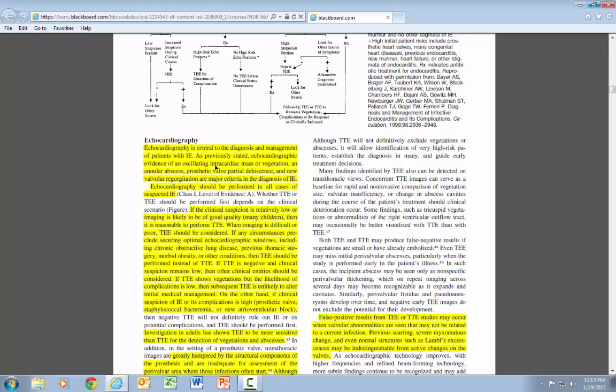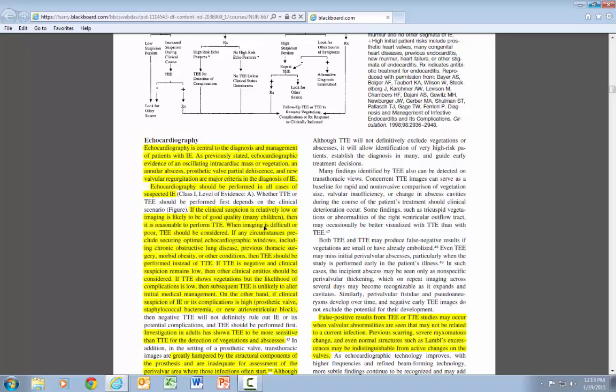So if you have an oscillating intracardiac mass, vegetation, any annular abscess, any prosthetic valve dehiscence, any new valvular regurgitation, echo should be performed in all cases where you suspect infective endocarditis. Now, when do you do a transesophageal echo versus transthoracic?